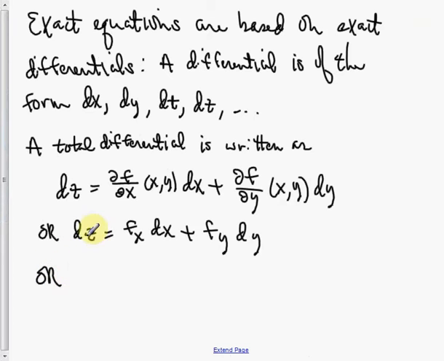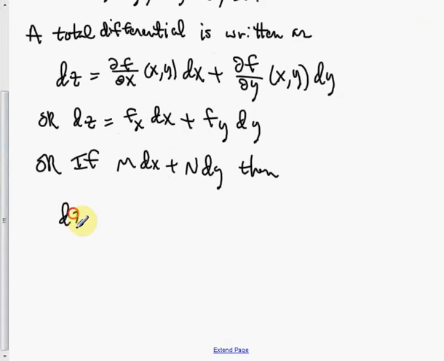Or if we have m dx plus n dy, then dz is said to be the partial of m with respect to x dx plus the partial of n with respect to y dy. This is the so-called total differential.